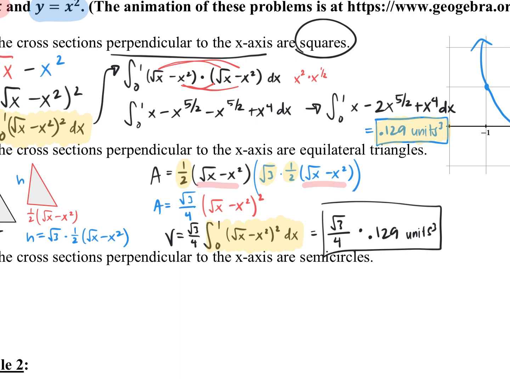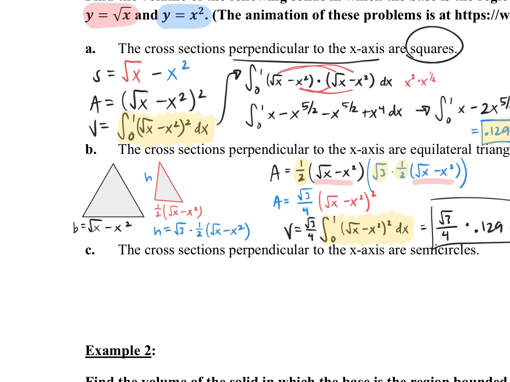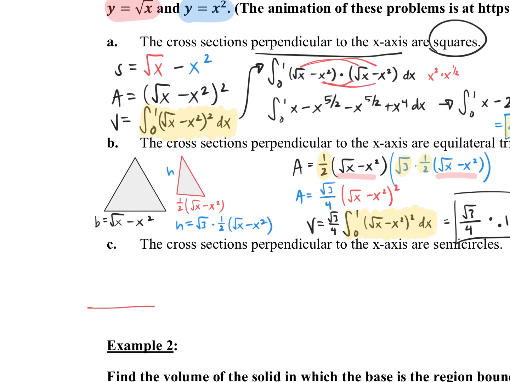Okay, example C, instead of this cross-section being an equilateral triangle or a square, this cross-section, this line here in red, is now going to become a semicircle. Okay, so think about putting a half semicircle on top of that paper there at that point. And we are drawing a little picture to help us visualize this. Here's my semicircle.